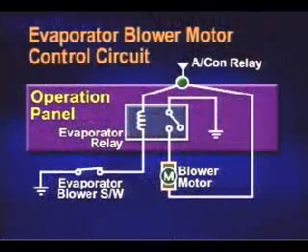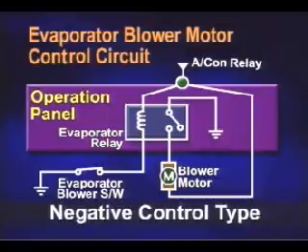This screen shows the circuit diagram of the negative control type, which controls the motor ground. When the power supply condition is met, power is supplied to the operation panel from the air conditioner relay, and supplied power passes the excitation coil of the evaporator relay and the evaporator blower switch, and then it gets grounded.